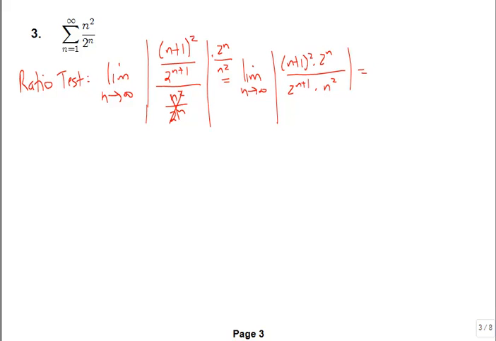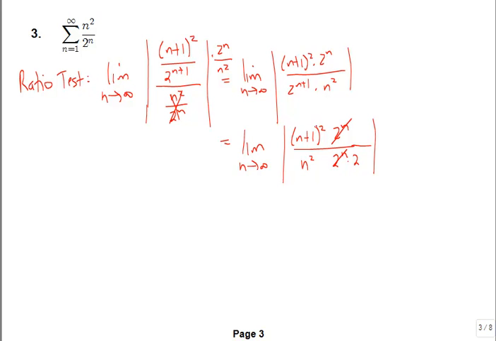What I'm going to do next is break up that 2 to the n plus 1, like we did in the last example. So this will be n plus 1 squared, and I'll have that 2 to the n, and on the bottom I'm going to go ahead and move my n squared over and write this 2 to the n plus 1 as 2 to the n times 2 to the first, or just 2.